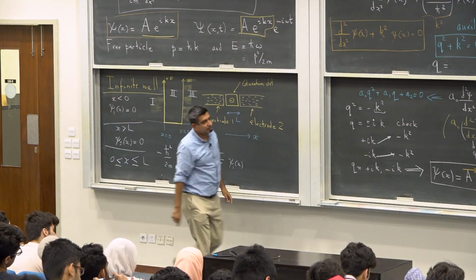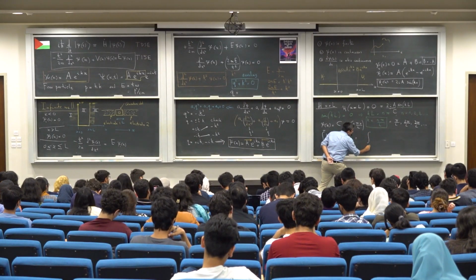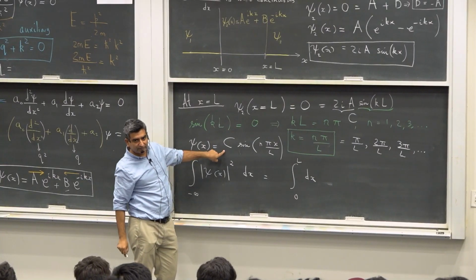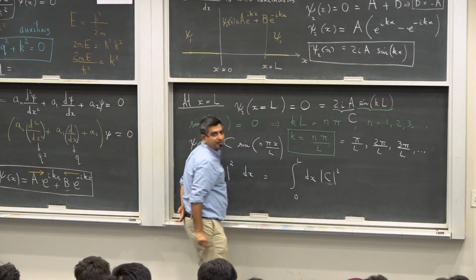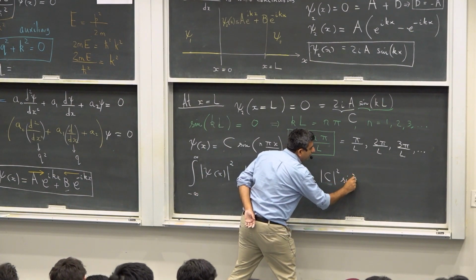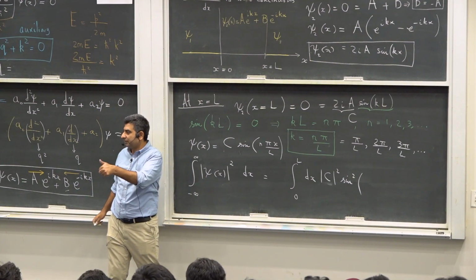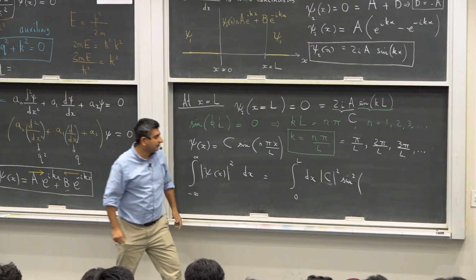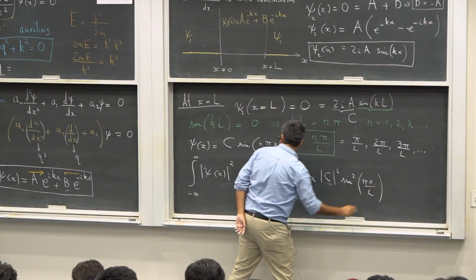I do know that if I take psi of x and modulus square this, what does this represent? Probability density. So if I integrate this probability density over all of space, what should my answer be? 1. And this is true when n equals 1, when n equals 2, when n equals 3, and so on. It's always true.